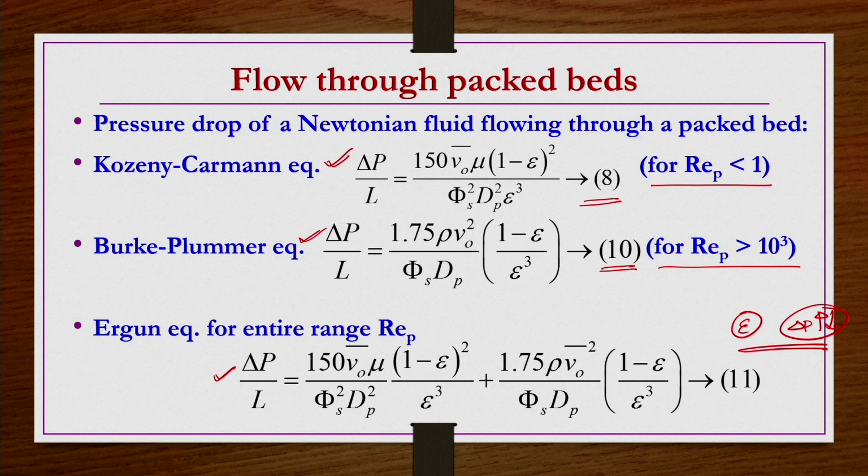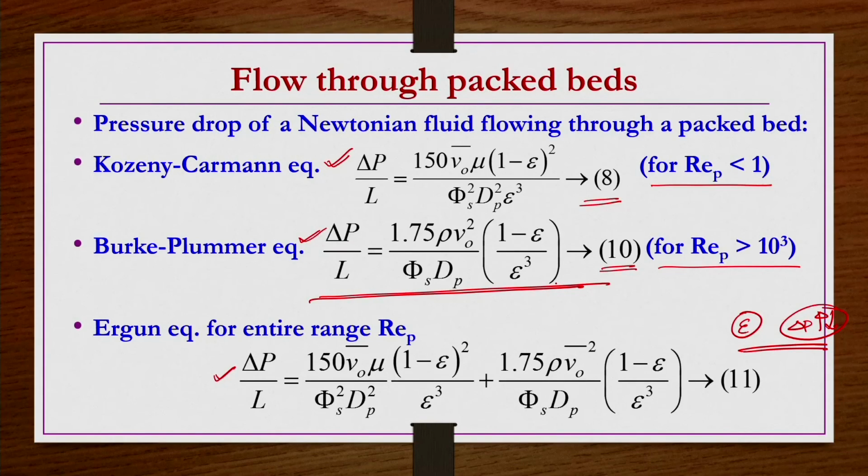Now, we try to find out the magnitude of viscous losses contributing to the pressure drop here. Similarly, the magnitude of kinetic energy losses contributing to the pressure drop of a fluid flowing through this packed bed. How to do this? Simply, whatever the pressure drop is from this equation, if you divide it by the kinetic energy, that is half rho v square, then we get the magnitude of kinetic energy losses.